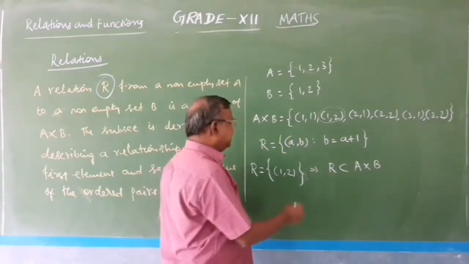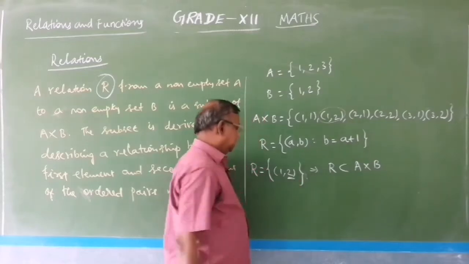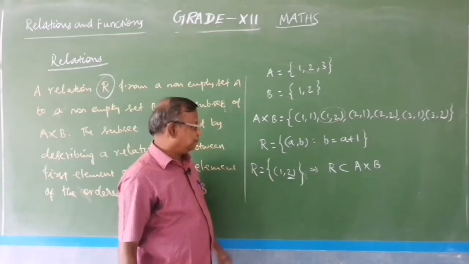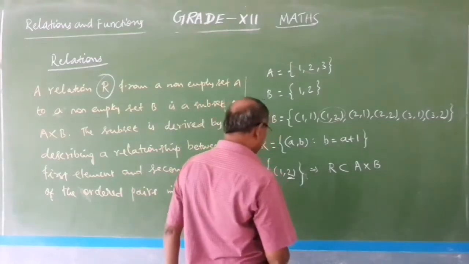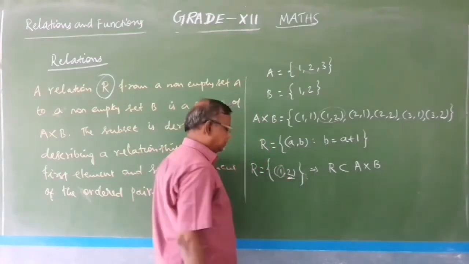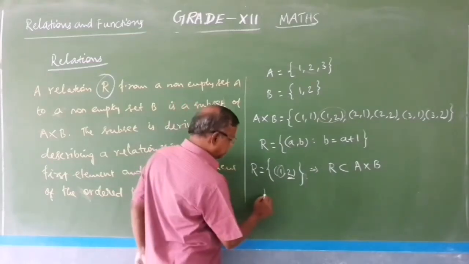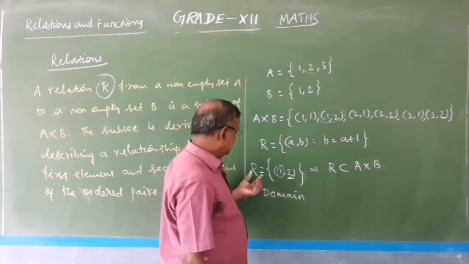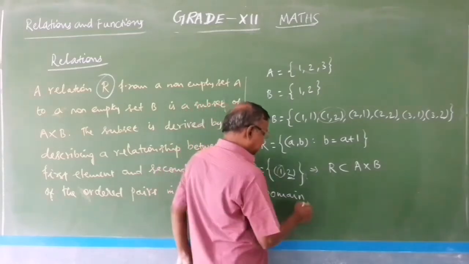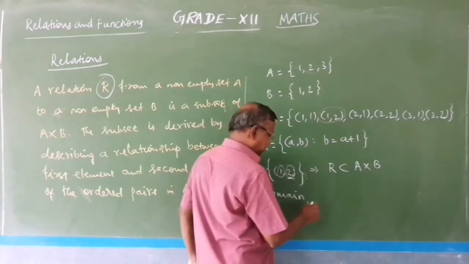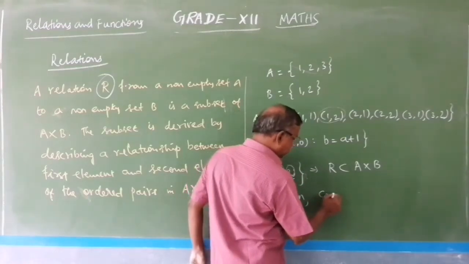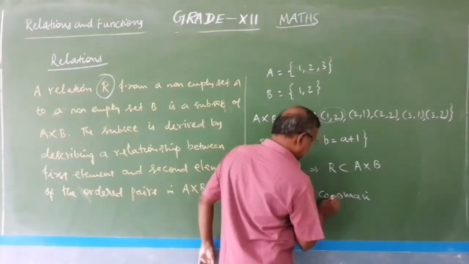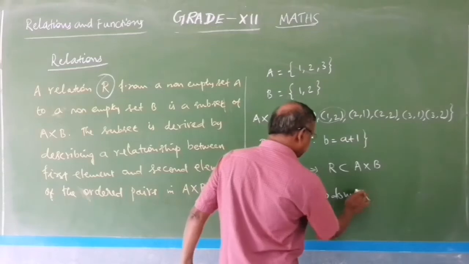The second element is called the image of the first element. The set of all first elements described in a relation is called the domain, and the set of all second elements is called the codomain.